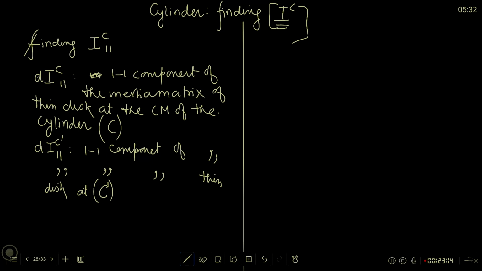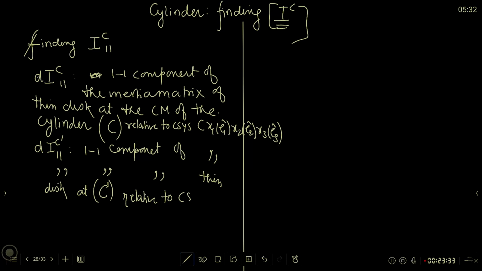Also, I should write that this is relative to coordinate system C, x1, e1, x2, e2, x3, e3, whereas this one is relative to coordinate system C prime, x1 prime, e1, x2 prime, e2, and x3 prime, e3.